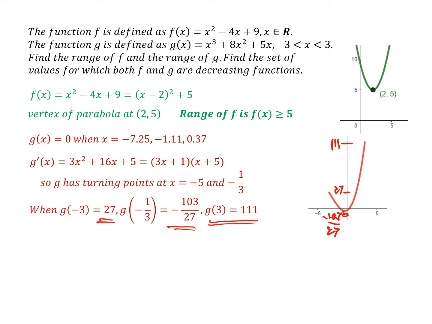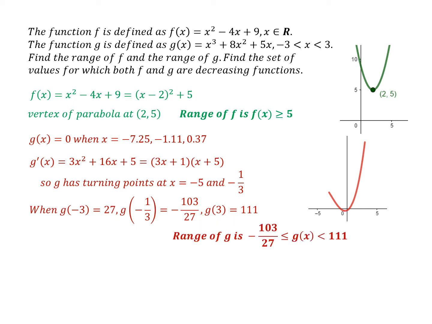So that tells us that the range of g is any value which is greater than or equal to this, but less than this, because x is less than 3, so g of x would be less than 111. So the range of g is this.